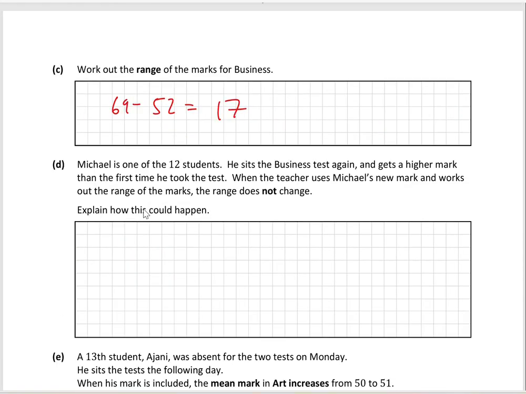So basically, Michael didn't get the lowest. Michael's new score was not either the lowest or highest.